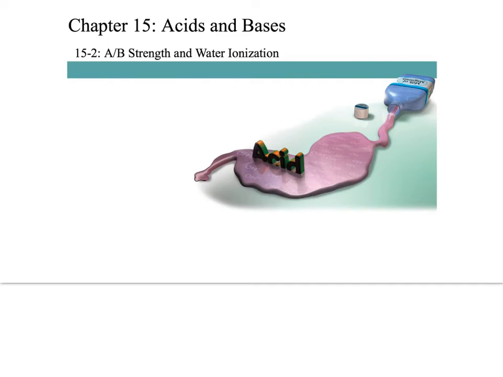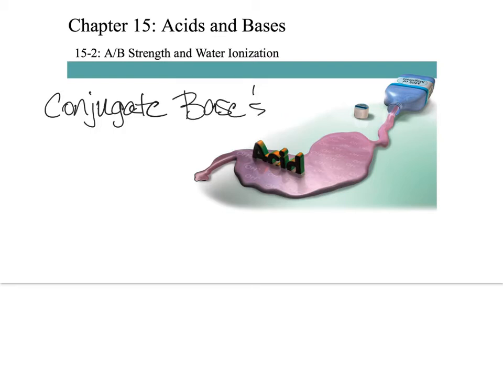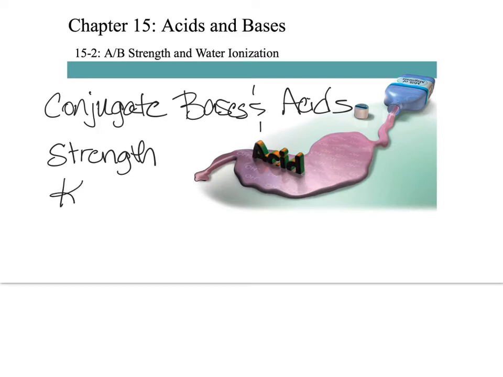In the second section of Chapter 15, we're going to focus on a new definition related to the term conjugate base. Conjugate bases, let me say plural, and acids. We'll also look at the strength of acids, writing an expression for Ka, which is the equilibrium constant for acids.